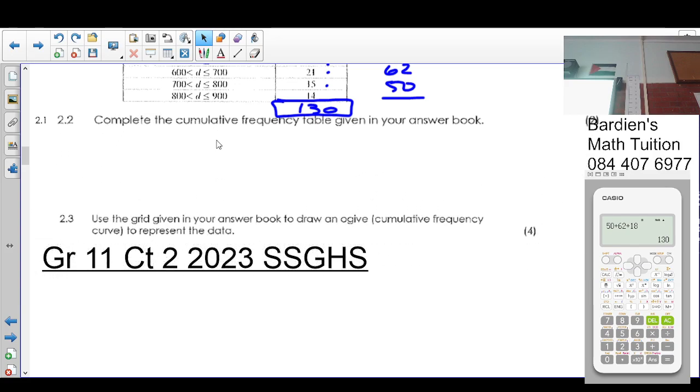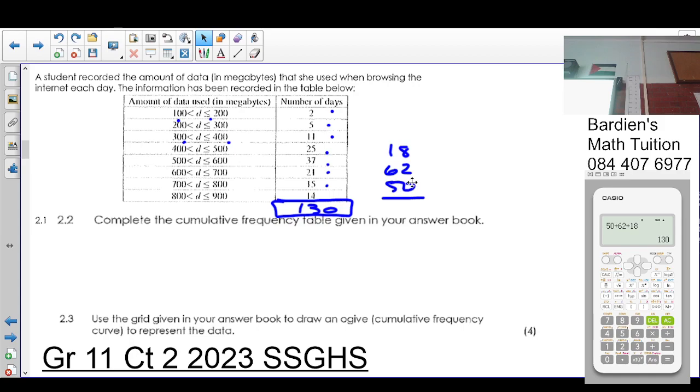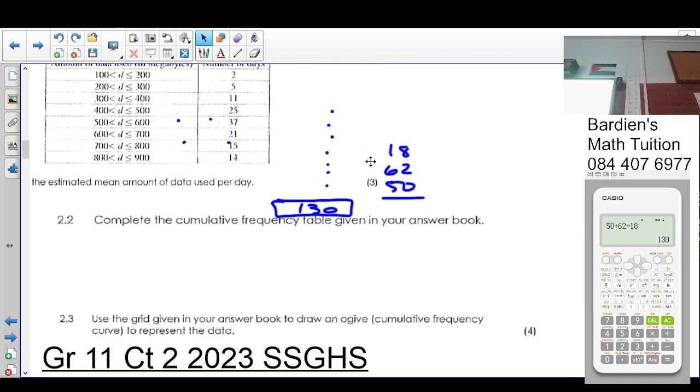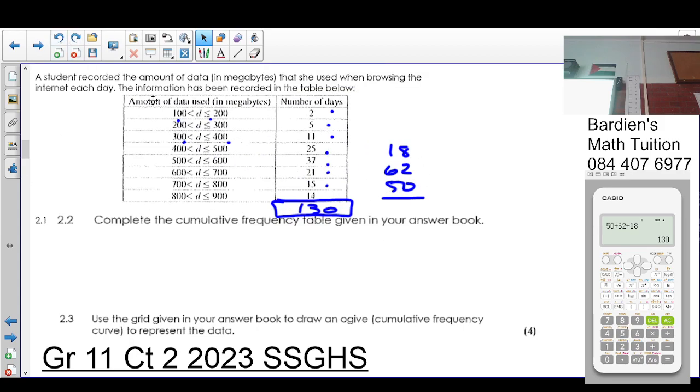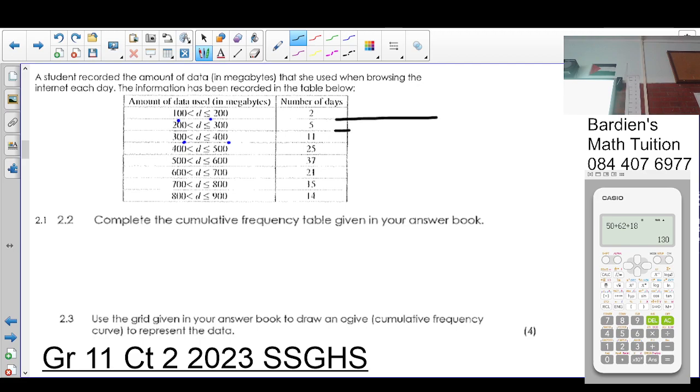So if you look at the cumulative frequency table, we need another column here.